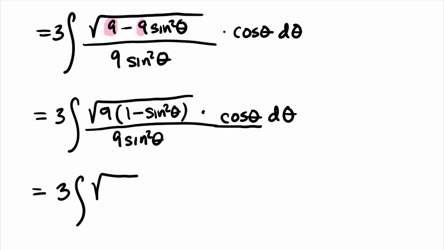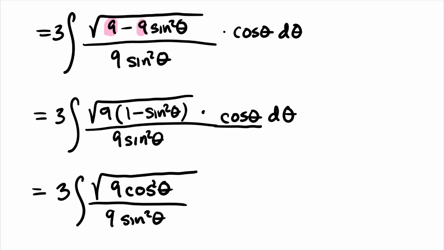Let's make sure that we do this the long way. 9 times cosine squared of theta all over 9 sine squared of theta times cosine of theta d theta.